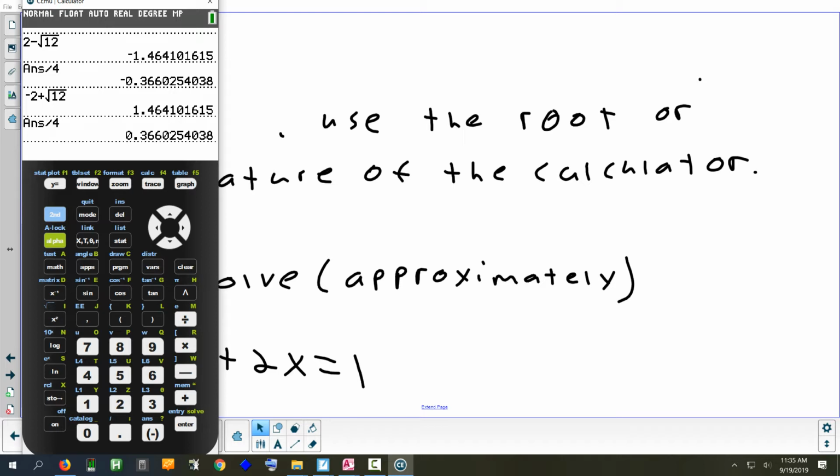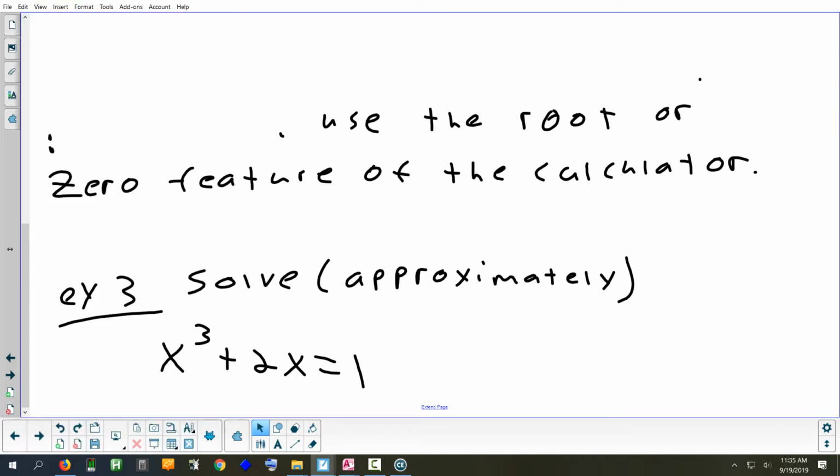How about Alex? Can you tell me what I would do first? Plug in the numbers to the quadratic. No, that's not a quadratic, right? Oh, that's a cubic. So the only way we know how to solve a cubic is we're going to do it graphically.